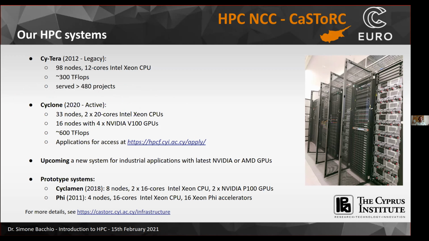So this is what we want to do with our training, to help you. We provide you access to the system. You can apply to it for preparatory access and for production runs.